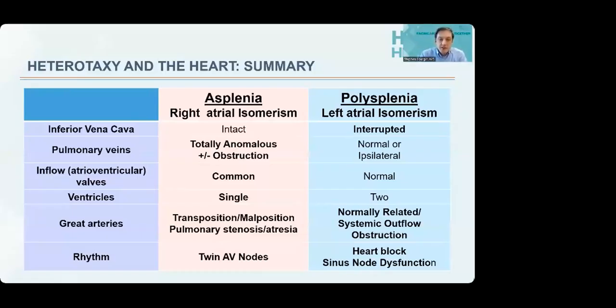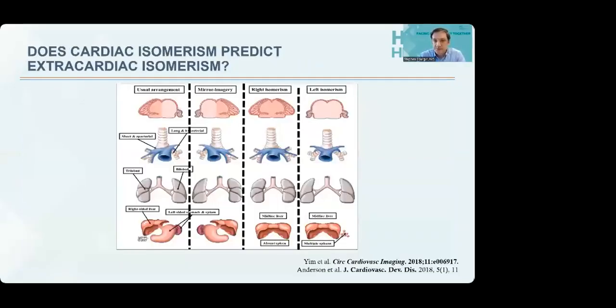The presence of the SA node and AV node in normal right atrial tissue sets up the possibility of dual AV nodes when right isomerism occurs, as well as heart block when left isomerism is the problem. But interestingly, the critical function of the heart, pumping of blood to the lungs and the body, is most drastically affected by right isomerism, which has higher rates of single ventricle heart disease, as well as abnormally located or narrowed outflow tracts or great vessels.